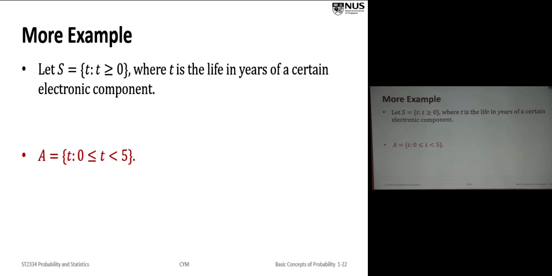But what if we restrict the lifetime to be less than 5? So this is the event, that the component survives less than 5 years. All right. So the lifetime is less than 5.